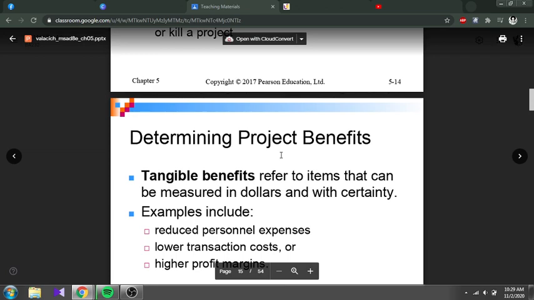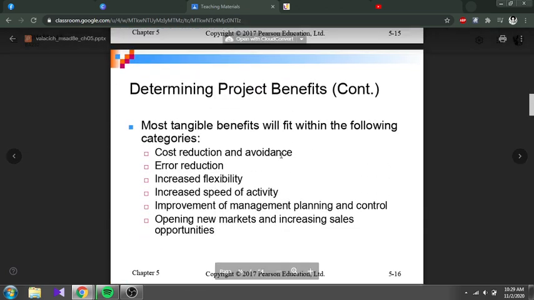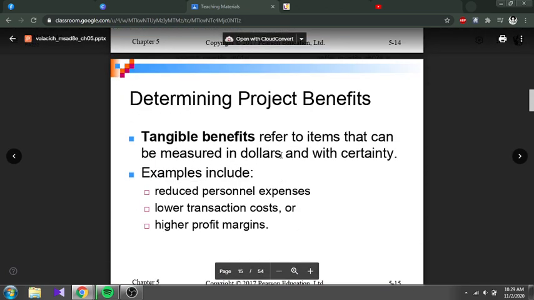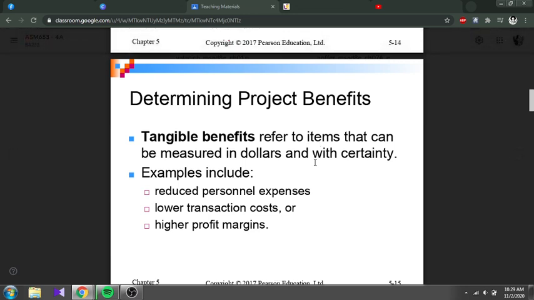Okay, as you know, we got the tangible and intangible. Tangible benefit refers to items that can be measured in dollars and with certainty. I can say something that you can count is a tangible benefit. Example is reduced personnel expenses. Maybe last time you had maybe 1,000 per month on the expenses, maybe now it has been reduced by 200.